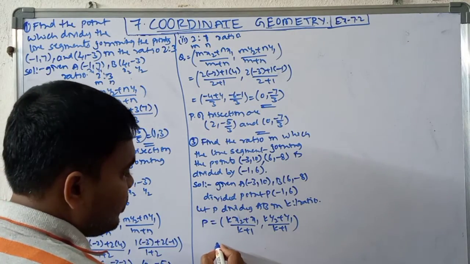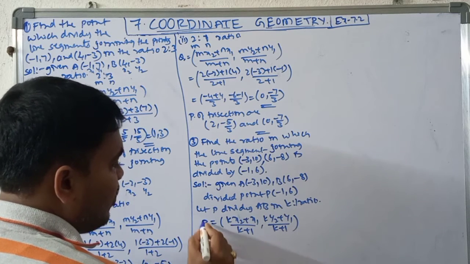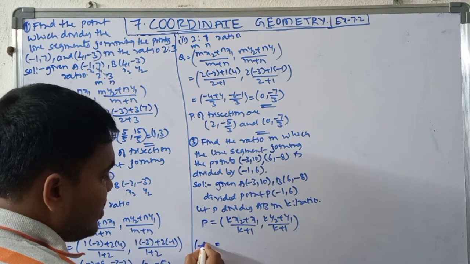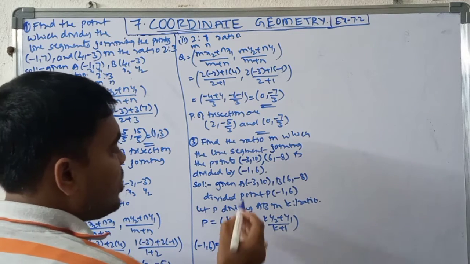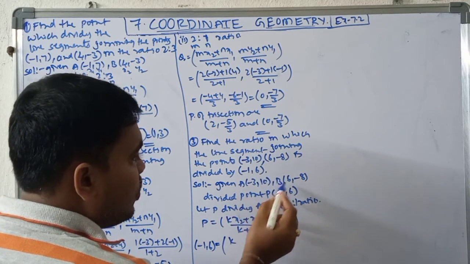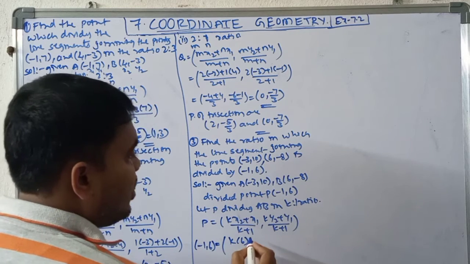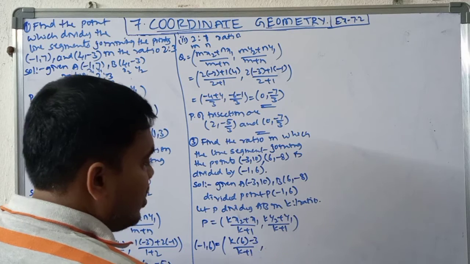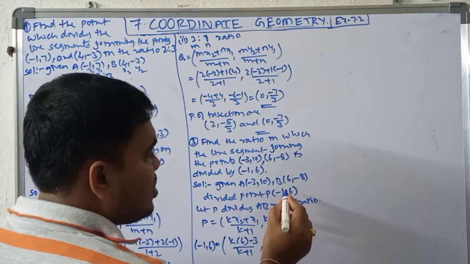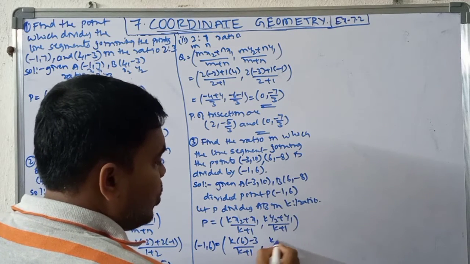So the point (-1, 6) equals k into x2, where x2 is 6, x1 is -3, over k plus 1, comma, k into y2, where y2 is -8, y1 is 10, over k plus 1; we don't know k.